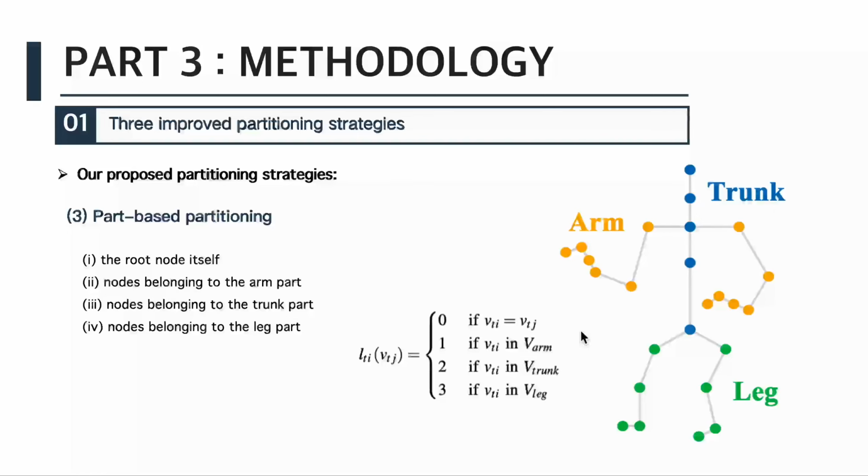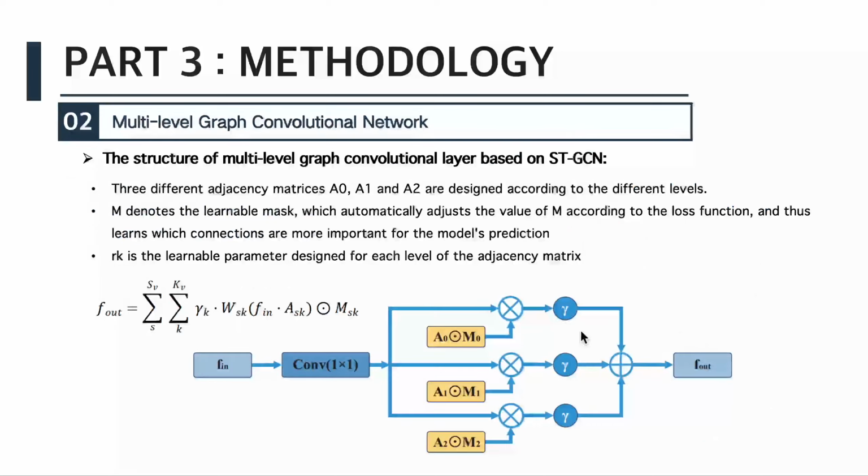According to the description of multi-level partitioning strategy, we have proposed 3 different hierarchical graph structures. To better utilize these graphs, we design a separate adjacency matrix for each graph, which makes the extracted spatial features richer.